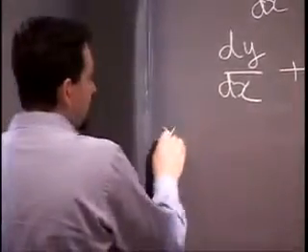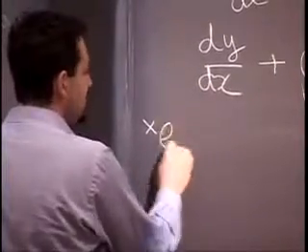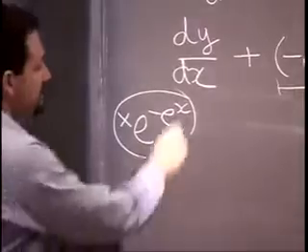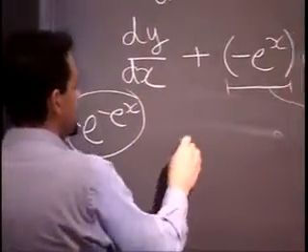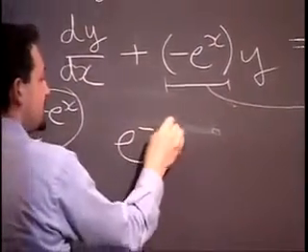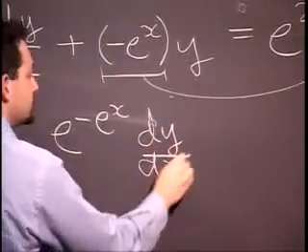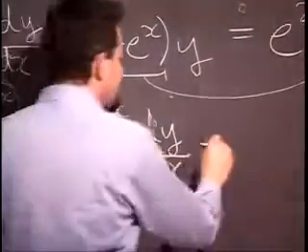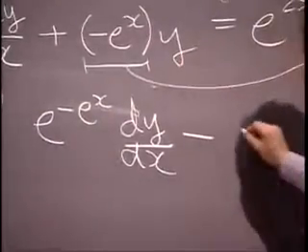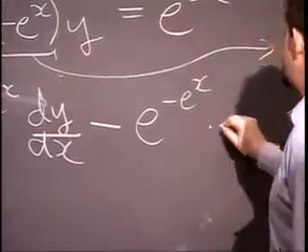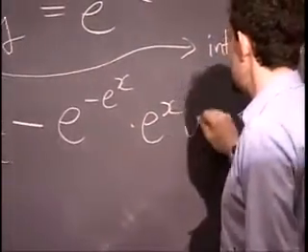And now the next step is to multiply through by that integrating factor, e to the minus e to the x. If I do this, the left-hand side becomes e to the minus e to the x dy dx minus e to the minus e to the x times e to the x times y.